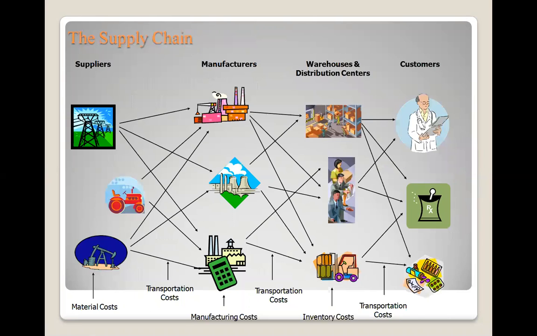This is the main scenario of a supply chain, where manufacturer, supplier, warehouse, distribution center, and customer are the main components of supply chain management. The cost of material, transport, manufacturing, and inventory is the main cost.